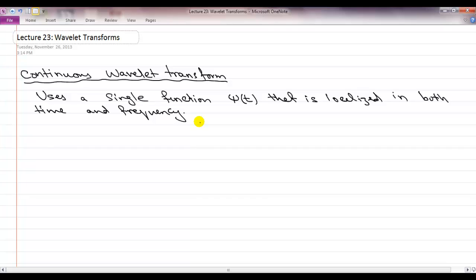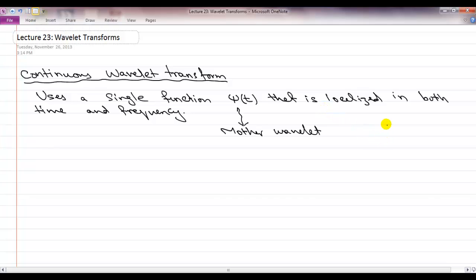It's a short window, but we don't pay that much attention as to how localized it is in frequency. So in wavelets, the key idea is you start with a single function, this psi of t, which is called the mother wavelet. And it's called the mother wavelet because all the functions that we will use in this wavelet will be derived from this.